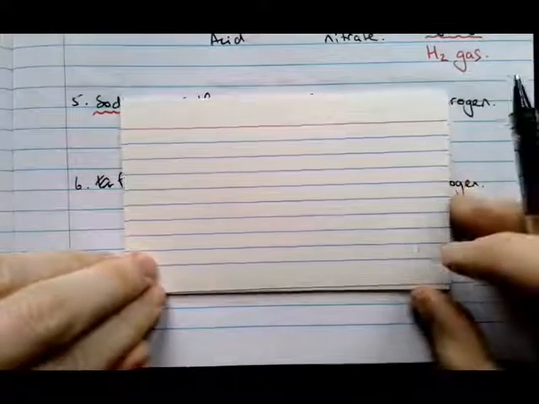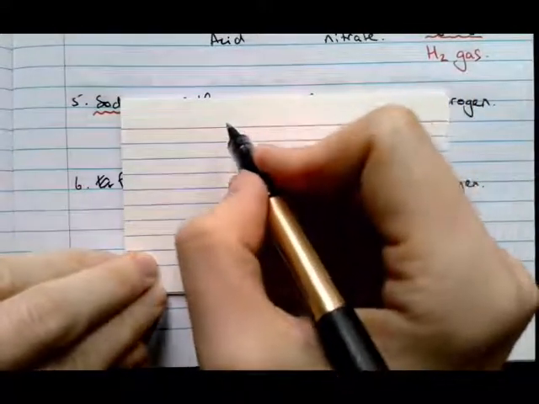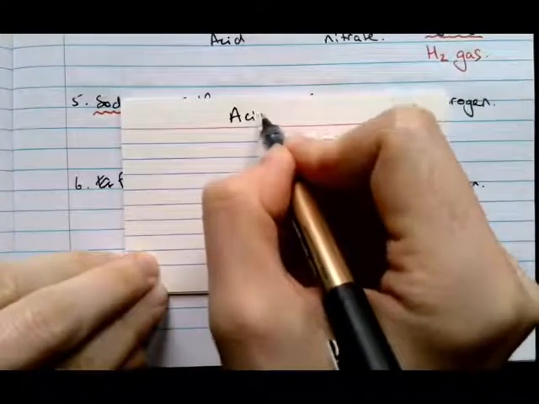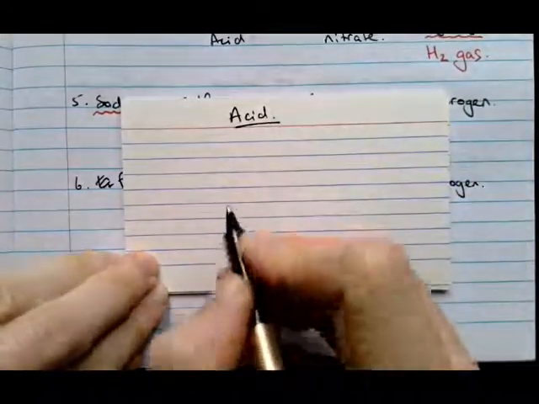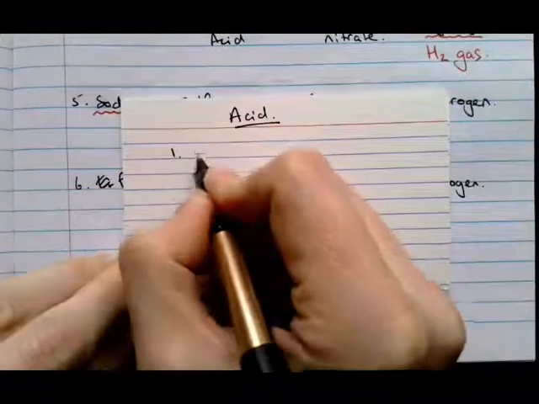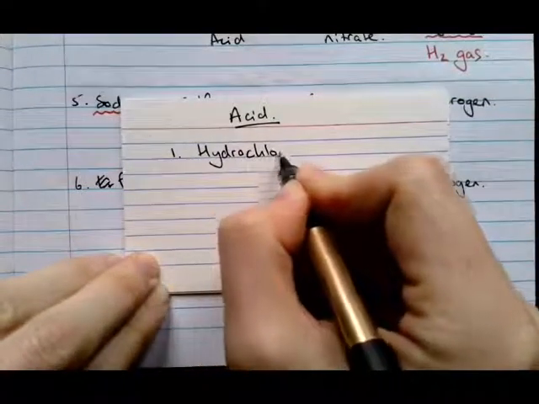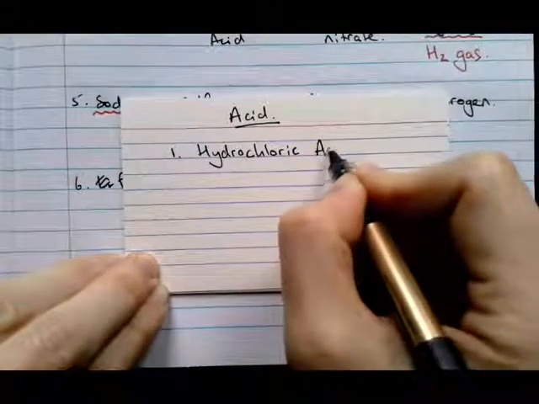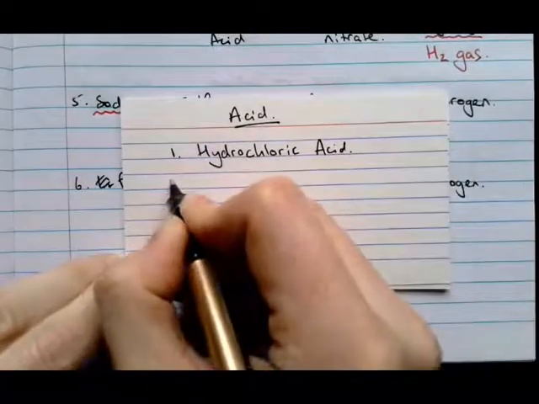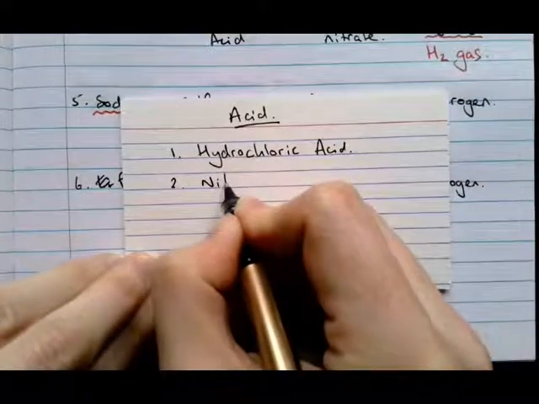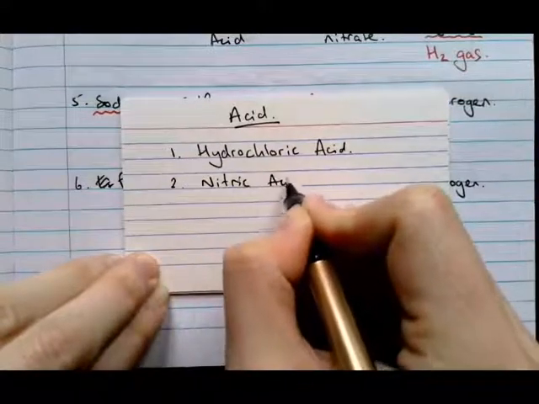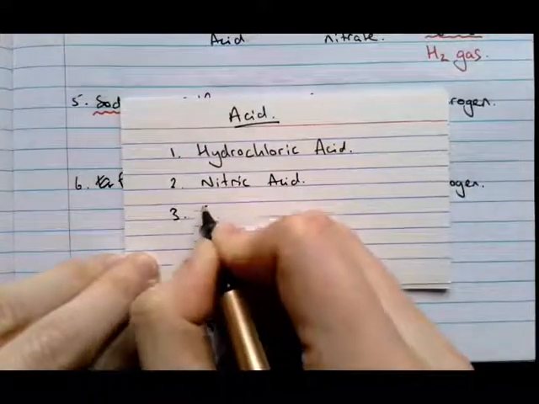Now, also, it's a good idea to make one so that you know which acid gives you which salt. So we had 3 acids: hydrochloric acid, nitric acid, and sulfuric acid.